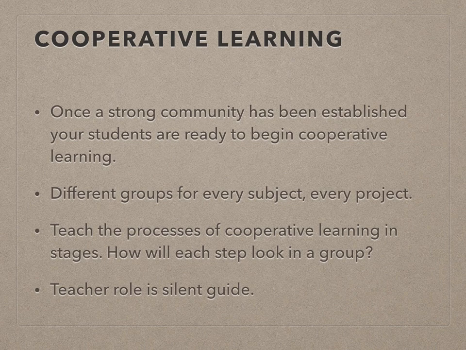It says, once a strong community has been established, so once you've done all of your 4 steps for creating this learning community, your students are ready to begin cooperative learning. Different groups for every subject, every project. So if you are a classroom teacher that teaches all the subjects, you are going to have different groups for everything.